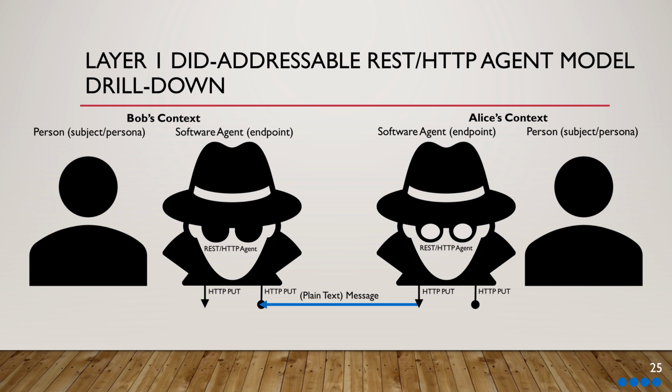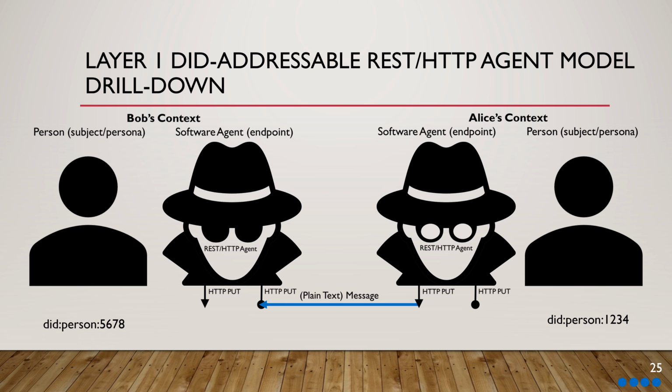The outside characters that represent the person, we call those personifications. That's a new term that was introduced in part 1 of yesterday's talk. It's personifications that are named by their DID.